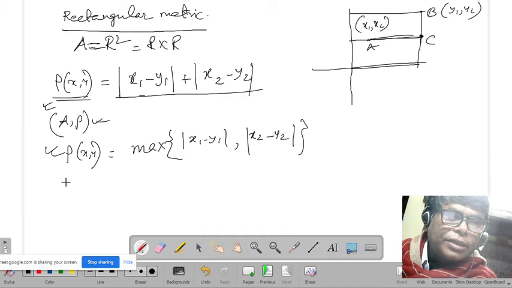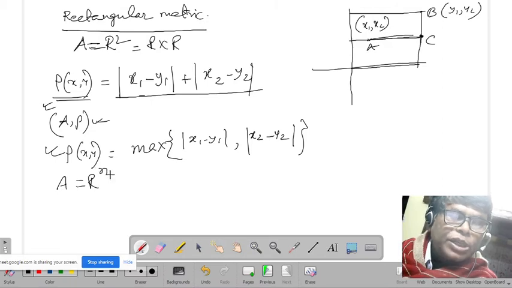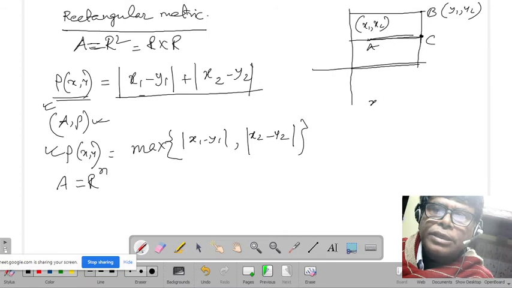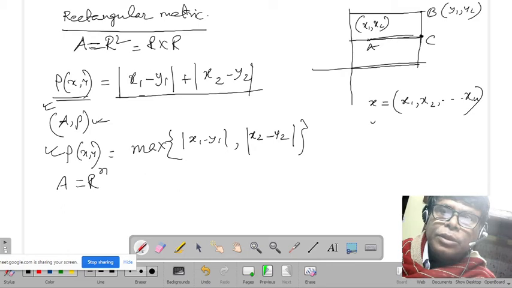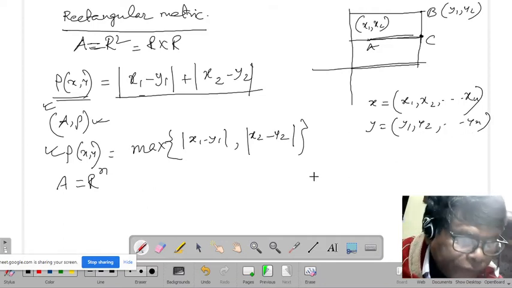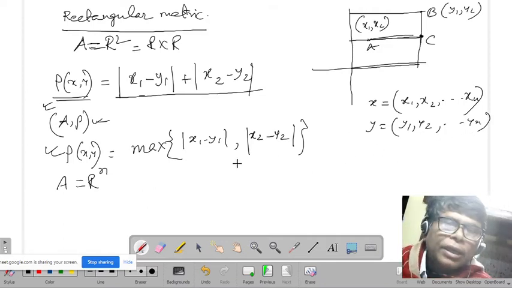Then, generalizing it, let A be equal to Rn, that is, the n-dimensional real number field. That means every member x has been represented in this form: x1, x2, ..., xn, and y is like this: y1, y2, ..., yn. Now here you can generalize.